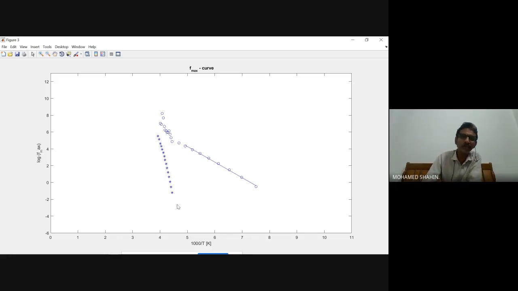Now, on the other hand, if you go towards this direction, the trend is it is going up and up, but generally it will settle somewhere around 10 raised to 13. Why are we calling it 10 raised to 13? Because 10 raised to 13 is a very high temperature liquid where the rotation and vibration are almost the same, having the same frequency. That means rotation is similar to vibration at that time.